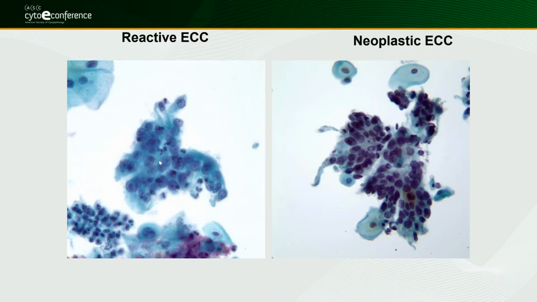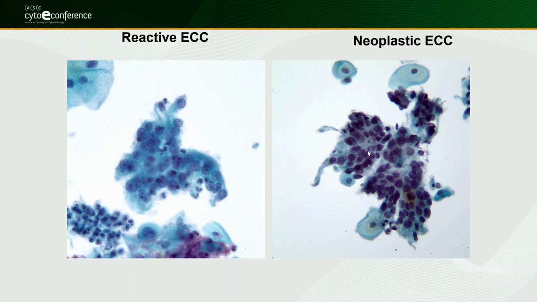So just pause briefly here. And so this is reactive ECC. This is neoplastic ECC. This is when we call atypical endocervical cells favor neoplastic. And again, going over the criteria, architecturally this is more or less still a flat sheet. And here you can't say this is flat sheets anymore.